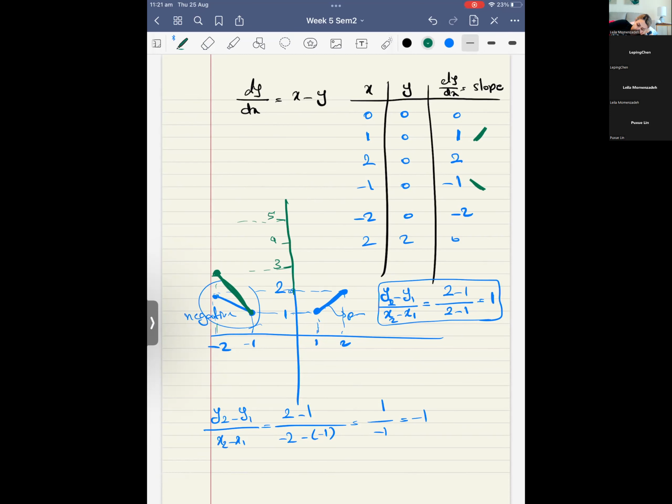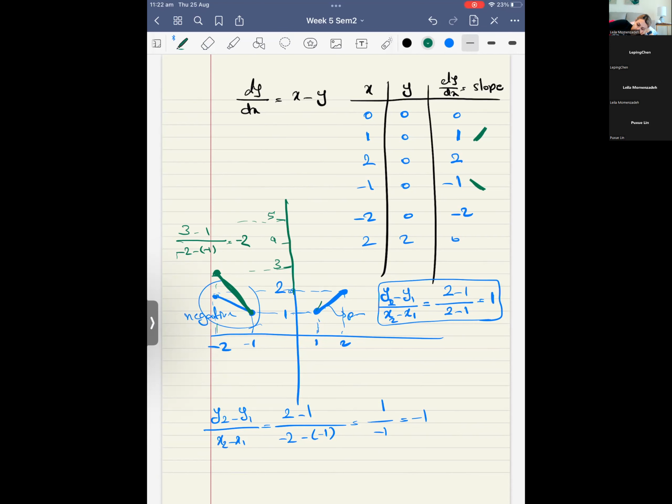For this point, y2 is 3, y1 is 1, x2 minus x1 is equal to -2. You know, when the number is bigger, if the first slope looks like this, the second slope would be this. The more you have it, the more tilted, extended.